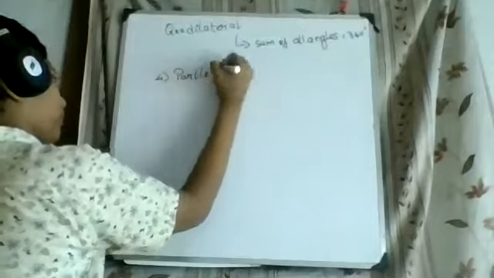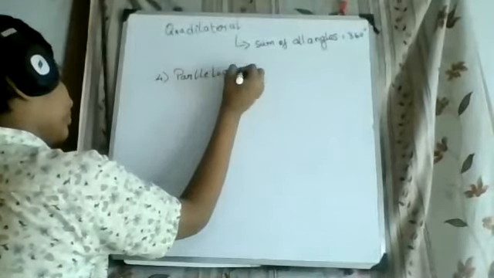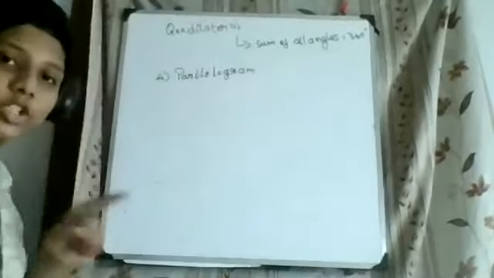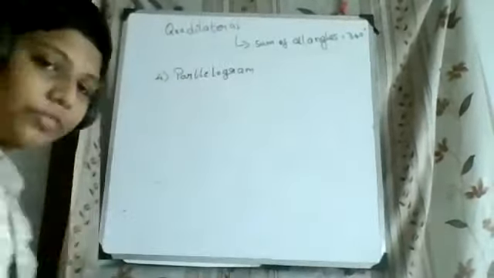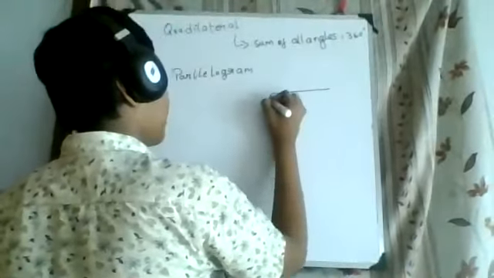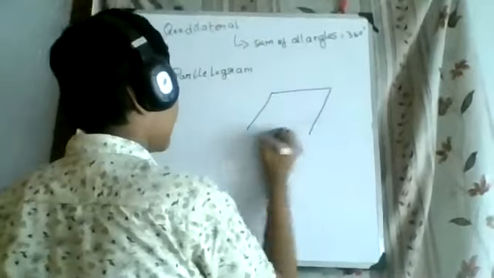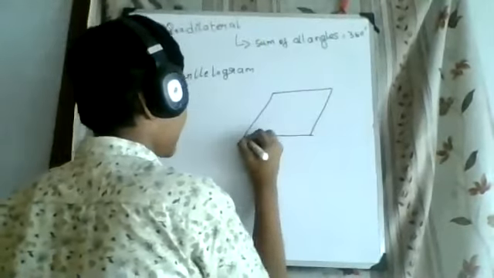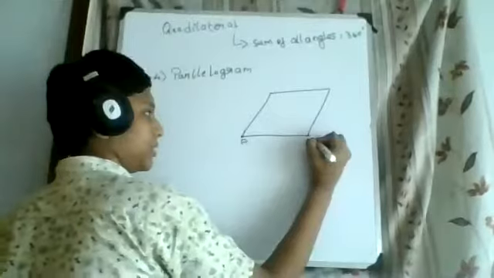Next. Parallelogram, let us see. This also follows all the properties of quadrilaterals. It has four sides, four angles, and two diagonals. The parallelogram will be in the shape like this.